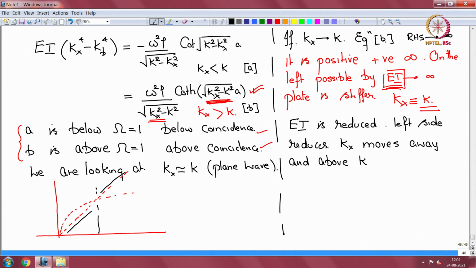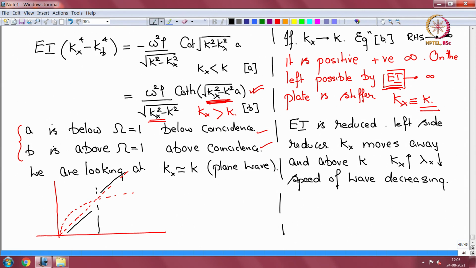Moving away means kx increasing, which means lambda x decreasing, which means the speed of the wave decreasing. So this is the story above coincidence.